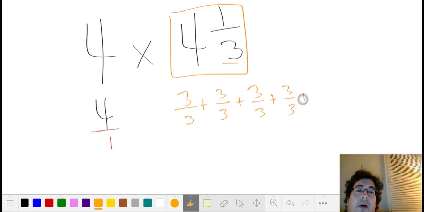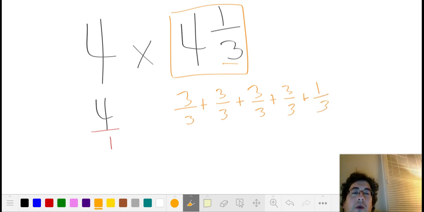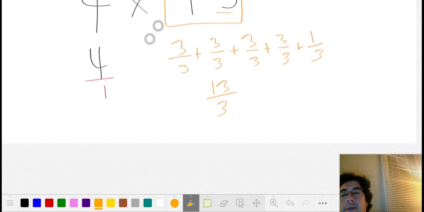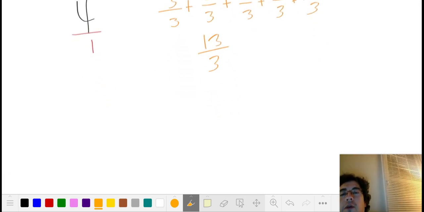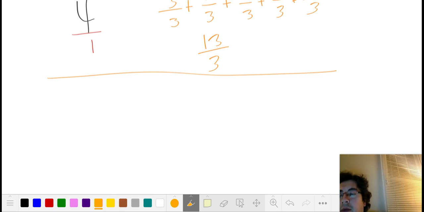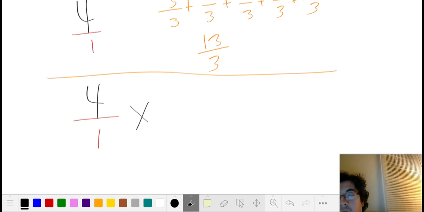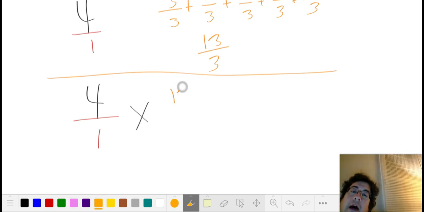And then I'm going to add on that 1/3. And so that's going to give me a total of 13 thirds. And so what I'm going to do in this problem is I'm going to multiply my 4 wholes by 13 thirds.